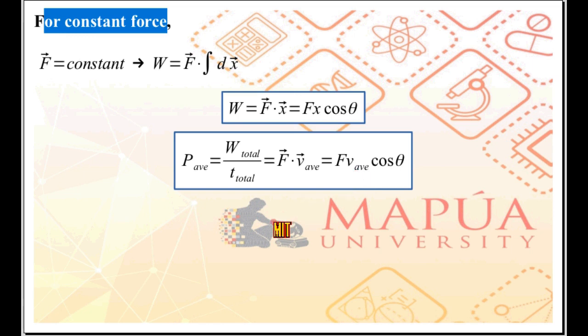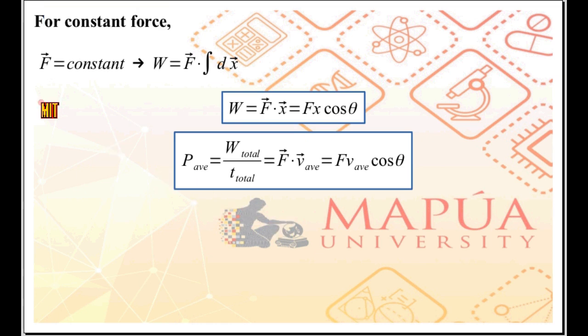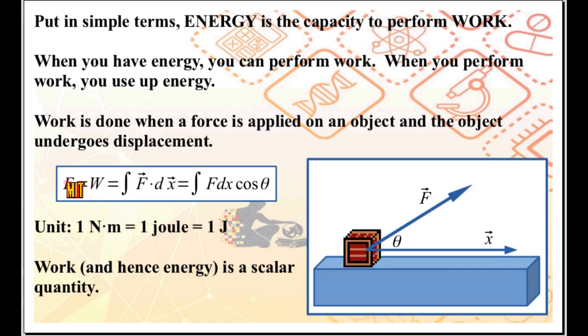Now, what if the force is not constant? If the force is not constant, you go back to our basic definition of the work done. Work done is equal to the integral of F dotted with dx, or the integral of F dx cosine theta. And you substitute the equation for F into the equation.